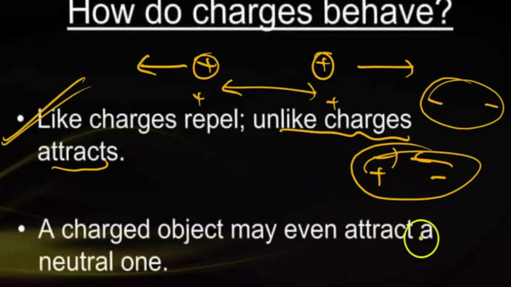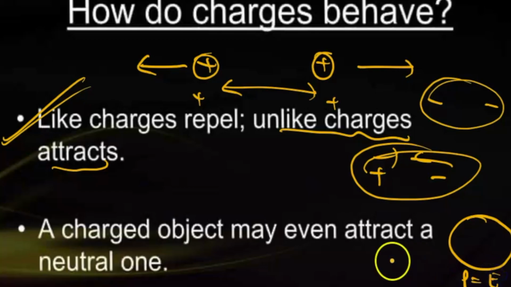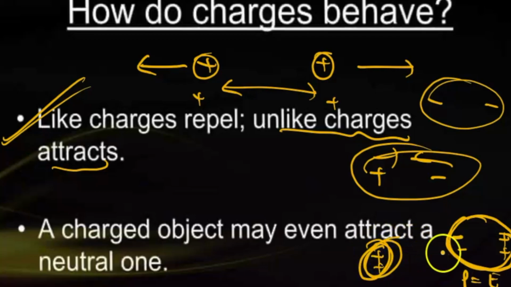And a charged object may even attract a neutral one. Say we have a sphere that is neutral, meaning the number of protons is equal to the number of electrons. But if a charged body, let's say a positive charge, is brought close to this neutral sphere, there will be induction of charge: maybe this side negative due to the electric field, we'll get to know about that also, and this side positive. By induction, the positive charge will attract this negative charge, and the positive side will be repelled.